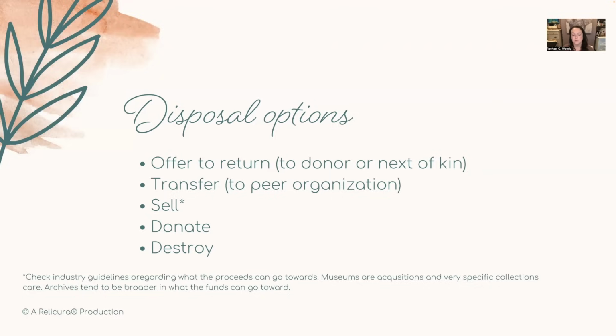And so sometimes those harmful items, or items of trauma and genocide, just need to be destroyed. So there is a perfectly valid case, several cases really, of where destruction is the best option when you're deaccessioning that type of material.